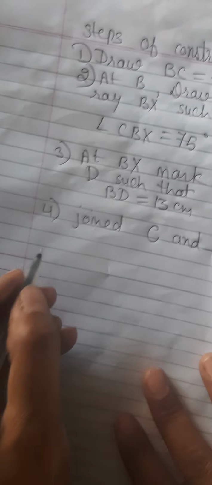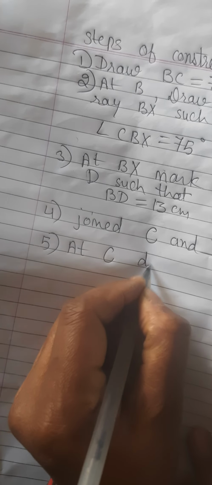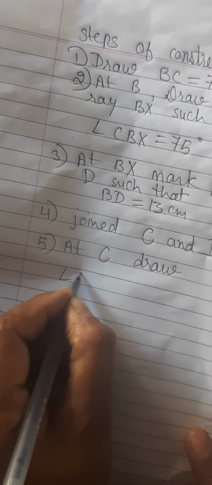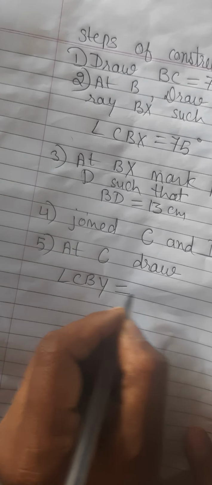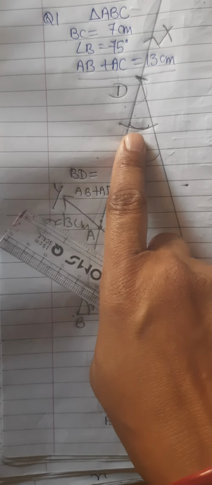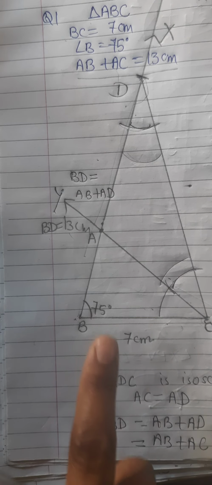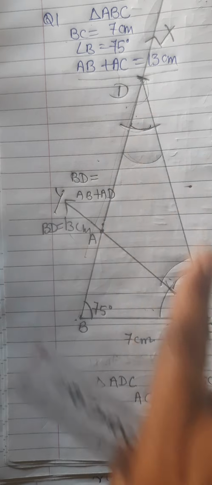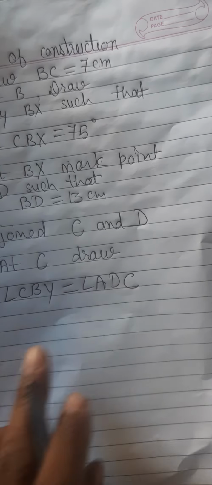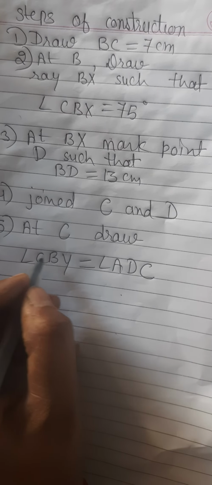So here, at C, draw angle DCY equal to angle ADC. How to draw that I will explain to you. Angle ADC and angle DCY are equal. Okay, this is DCY. I should have written like this.